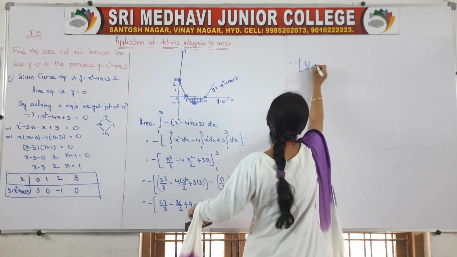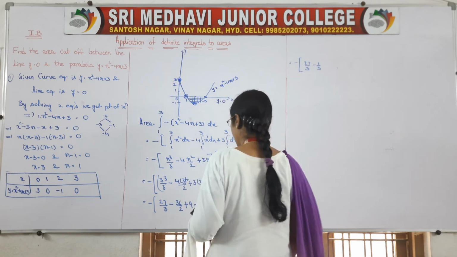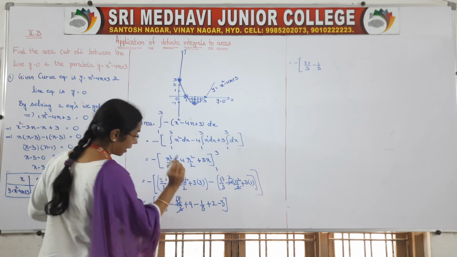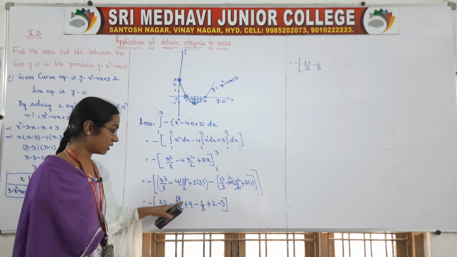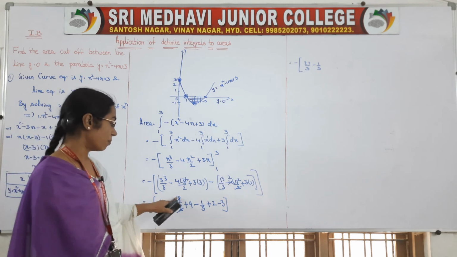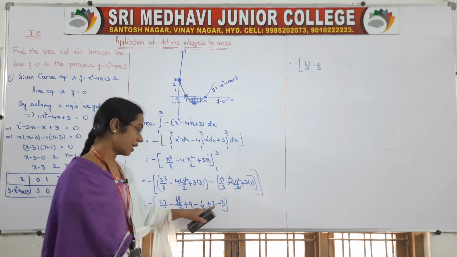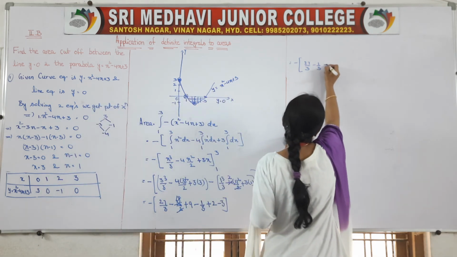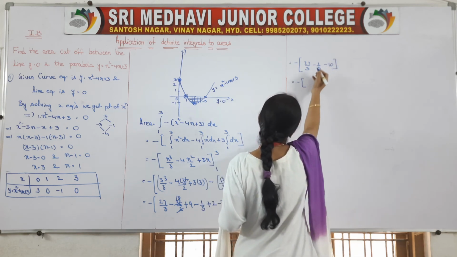So it is equal to minus of 27 by 3 minus 1 by 3. I have taken the 1 by 3 terms common, so it is 27 minus 1, 26, and the remaining terms: minus 18 plus 9, minus 9, minus 2, plus 1, minus 3, giving minus 10. So it is minus half of 26 by 3 minus 10.